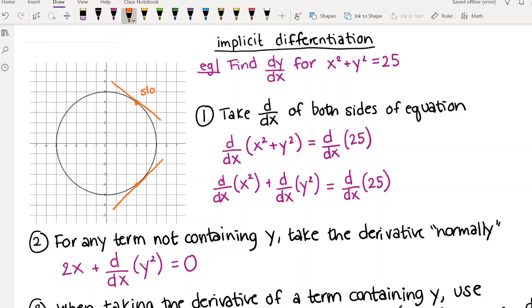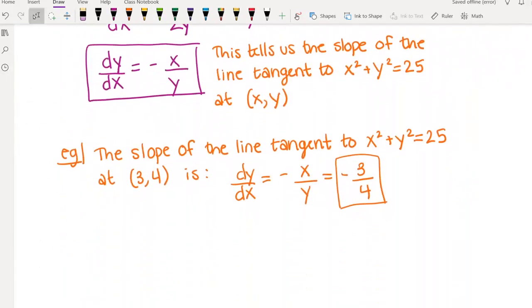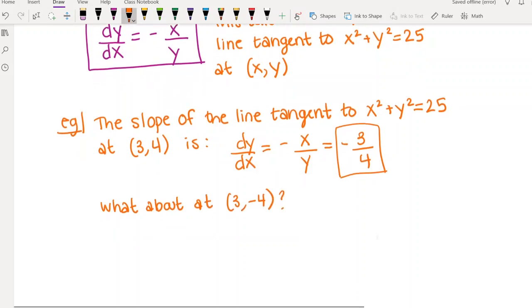For the one that we just did, 3, 4, we saw had a slope of negative 3/4. What if we did now instead 3, negative 4? If we now do the tangent line at 3, negative 4, then we would get dy dx is equal to negative x over y.